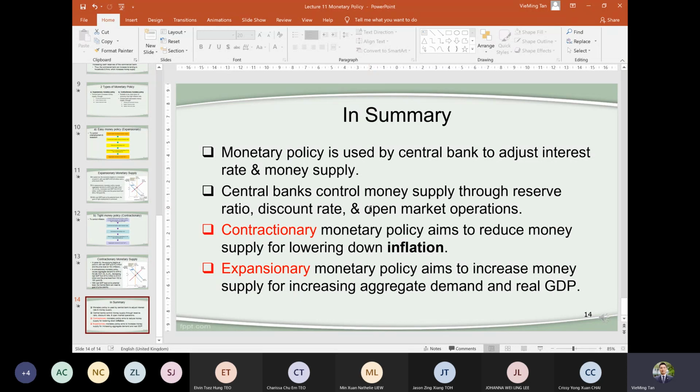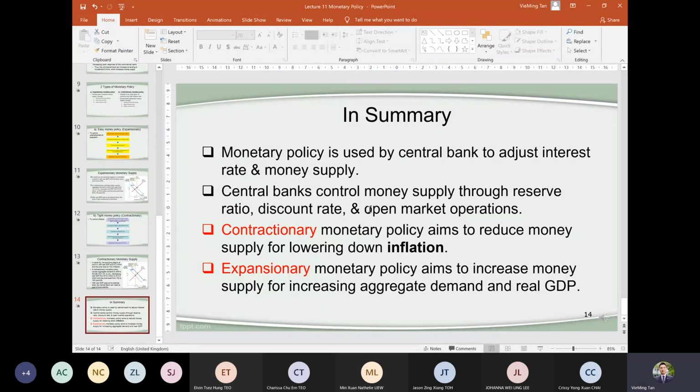We cannot reduce inflation to 0, but we can try to monitor it and reduce it to about 3 to 4%, so that the average price level is not too high. One of the tools that can be used is monetary policy. That is, sell government bonds, increase the reserve ratio and increase the discount rate. All these three tools are called the contractionary monetary policy.